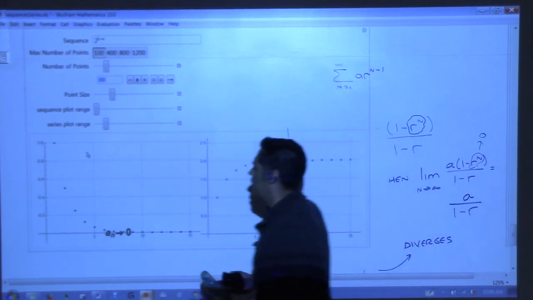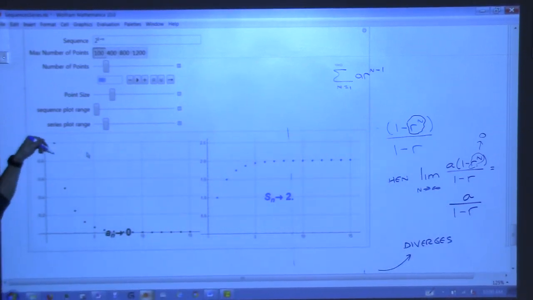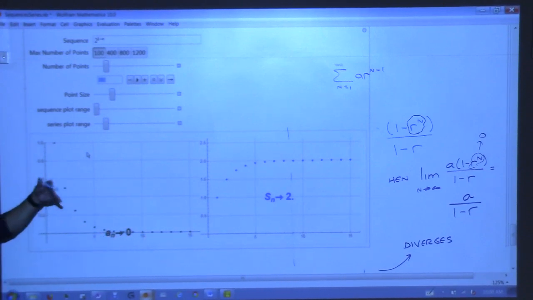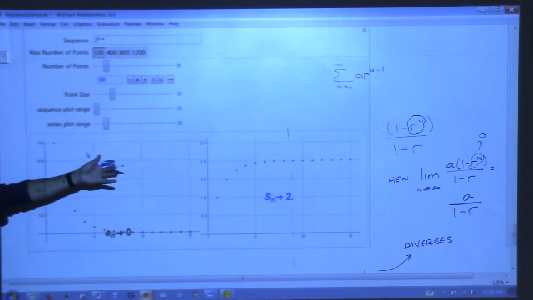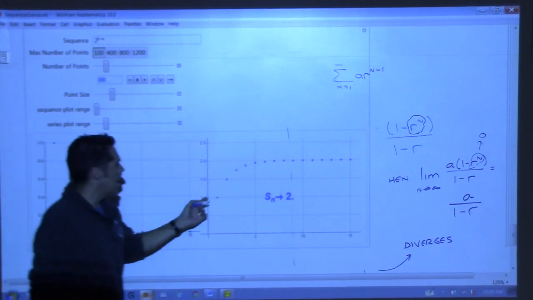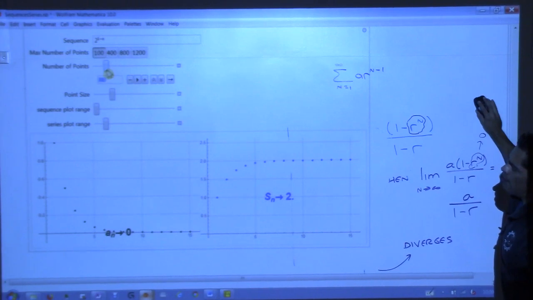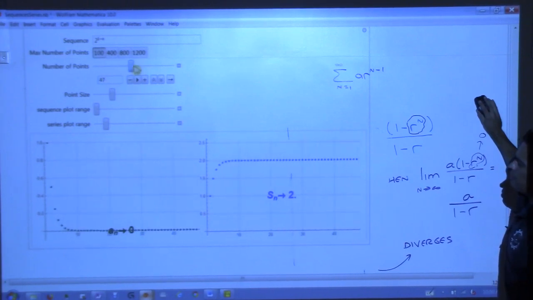So take a look at this. The sequence was going to 0, right? If it went somewhere other than 0, then it would have had to have diverged, right? So this went to 0, and then look at this sum here. I've gone out 15 terms. Man, it converged very fast, didn't it?